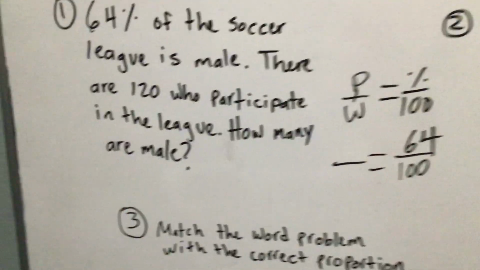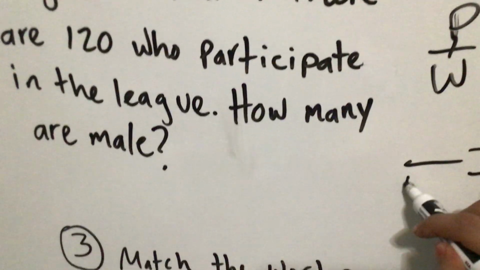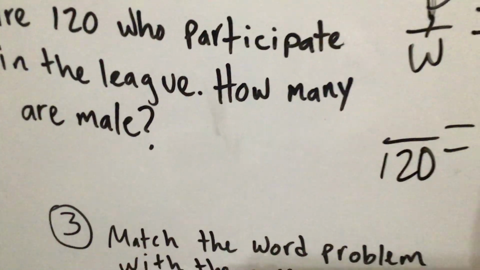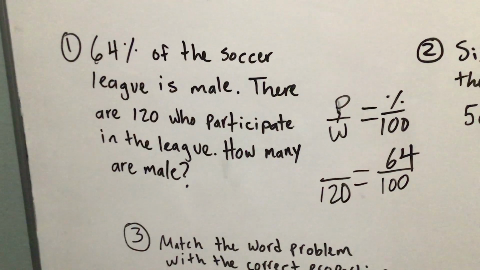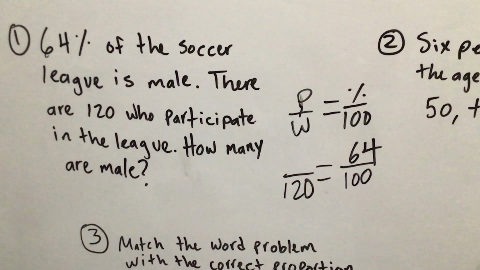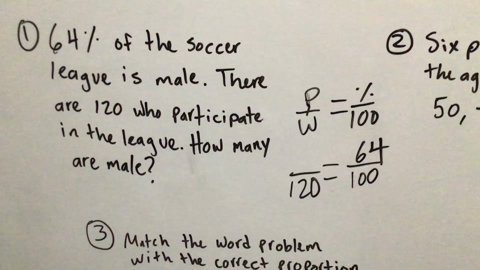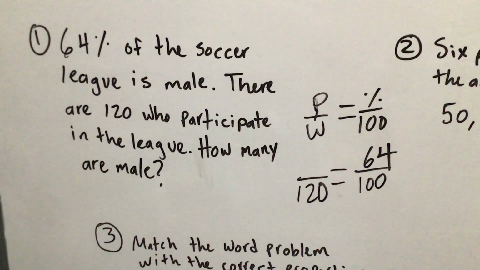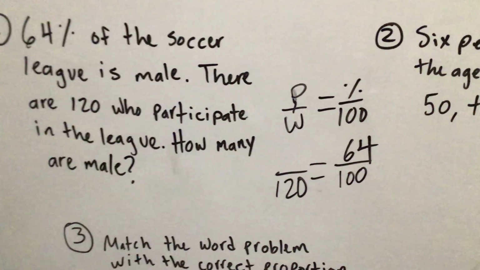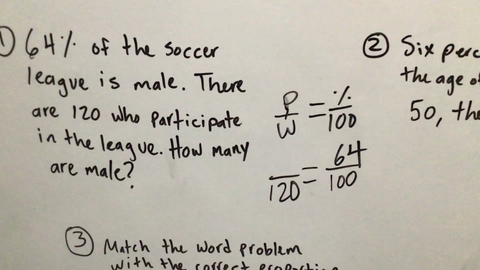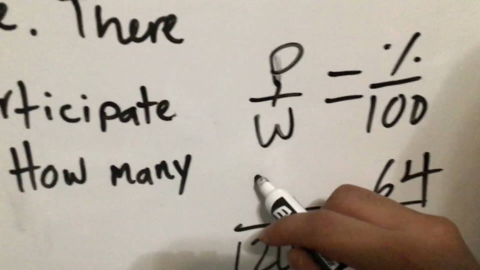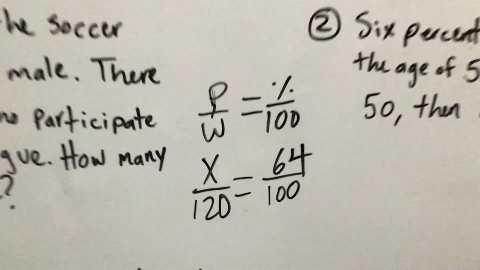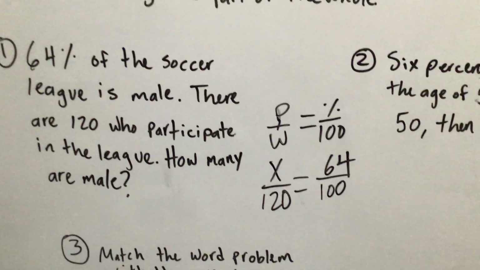So that means that 120 is the whole league, and we are looking only for those that are male. We do not care about the females on these specific questions. So as you can see, we're looking for part of the league. We're only looking for the part that are male. So on this question, what are we looking for? Well, we're looking for the part.